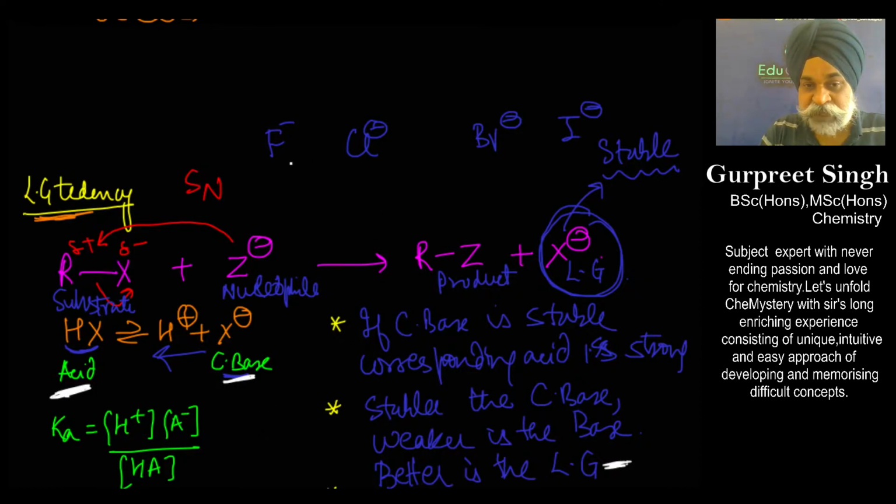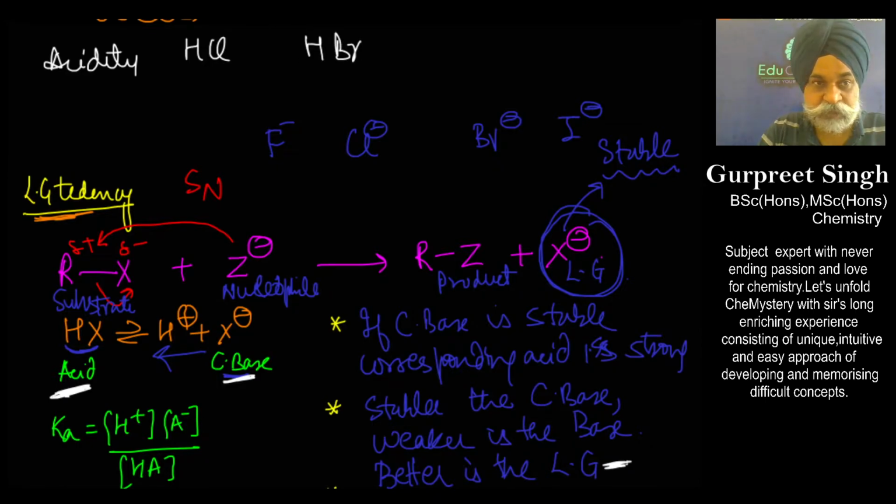So considering the acidity of HCl versus HBr, because we are supposed to discuss first the chloride and bromide only. If I talk of acidity, HBr is a stronger acid. Why?